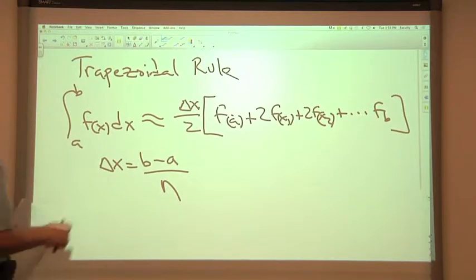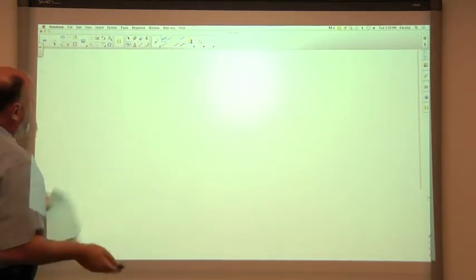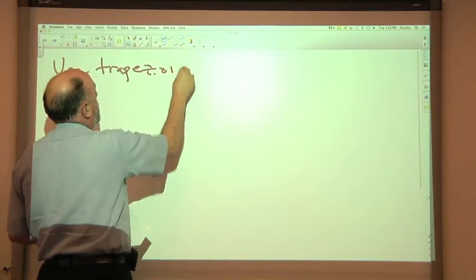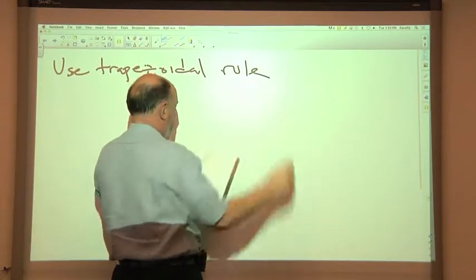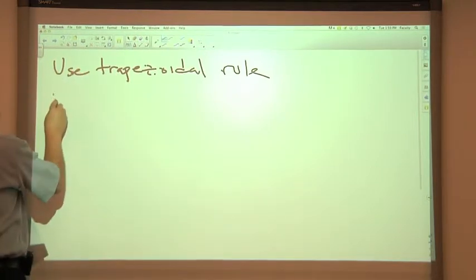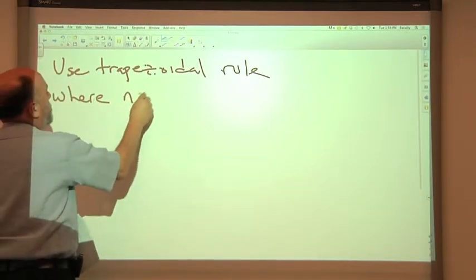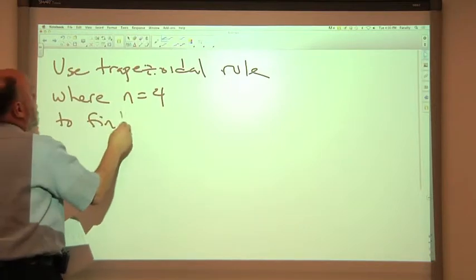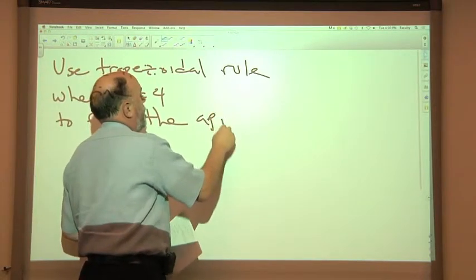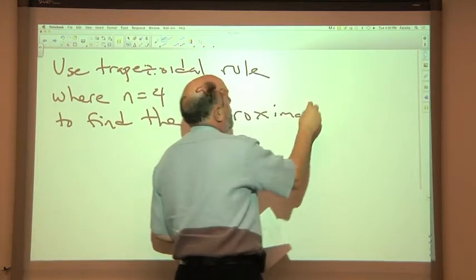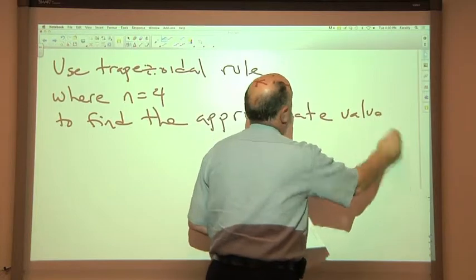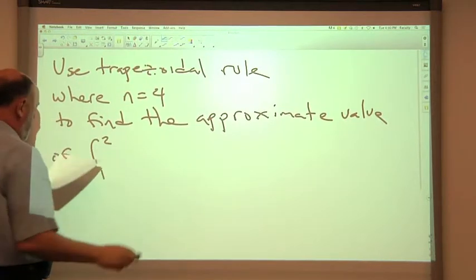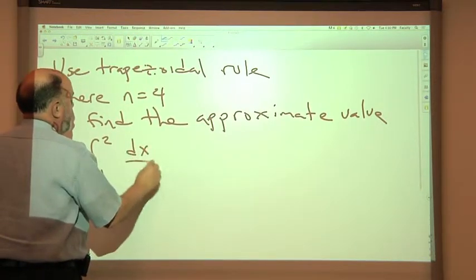And so let's look at an example of this. Using the trapezoidal rule, where n equals 4, find the approximate value of the integral from 1 to 2 of dx over x.